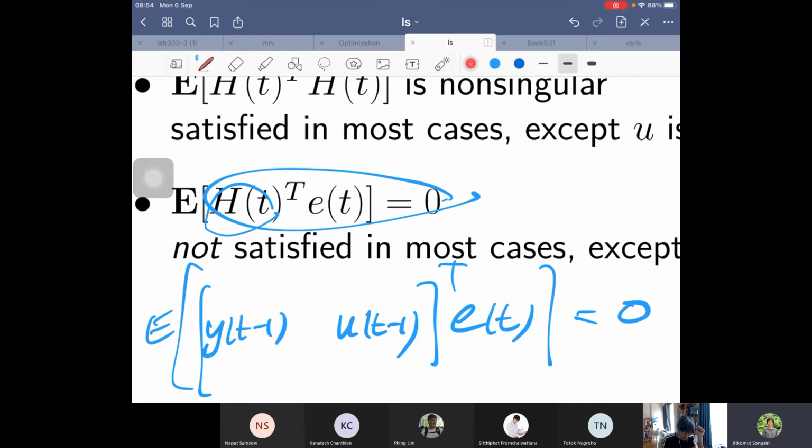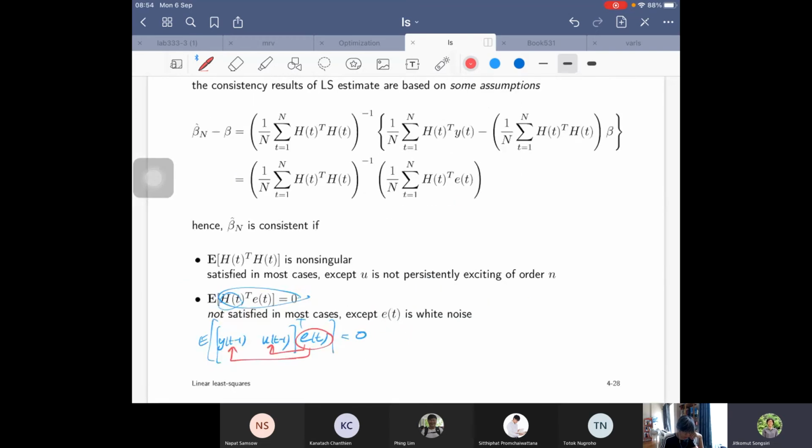So it means that you want your noise to be uncorrelated with what? y_{t-1}. And also uncorrelated with what? With the input signal. Does it always satisfy? Probably not.